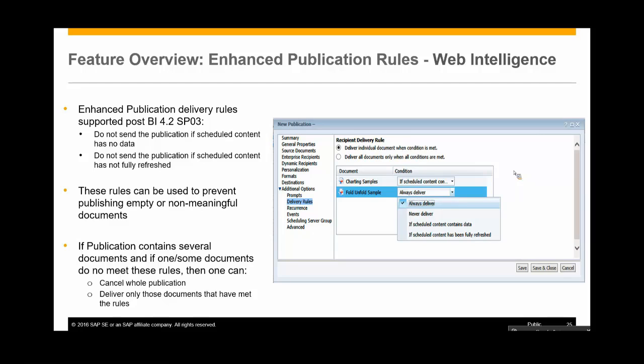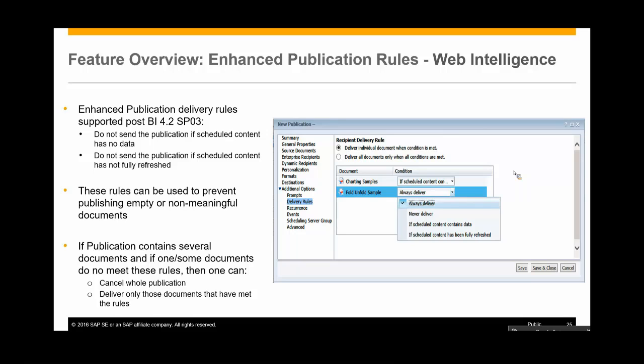In several cases, we have seen that the documents which are published do not have content or are not fully refreshed. Even in those cases, the publication runs, which uses resources with no intended outcome. So in order to control or restrict such cases, some publication rules have been brought in.